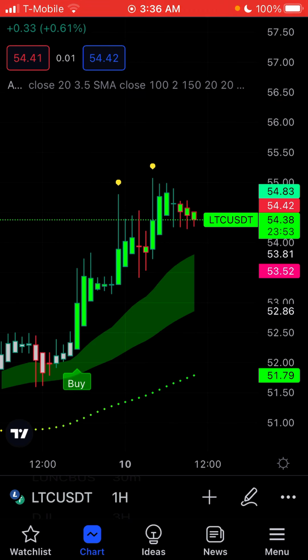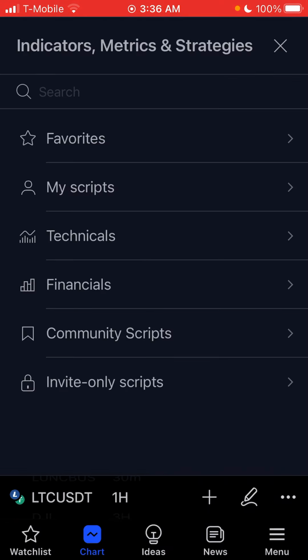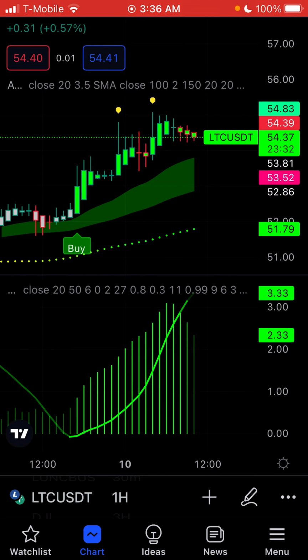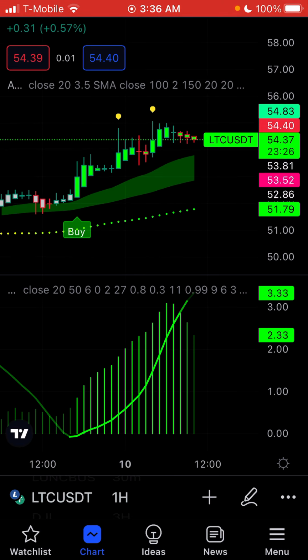Yesterday I covered the Algo Pro version 1.2. Today I'm going to be covering version 3. I had to go through these one by one because these indicators are kind of big and take up a lot of the screen, so I can't have all of them on here on my phone.